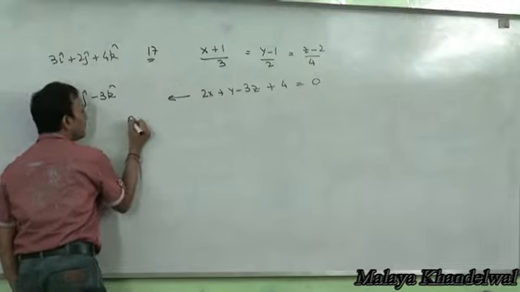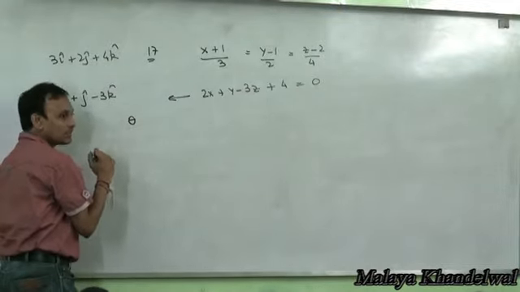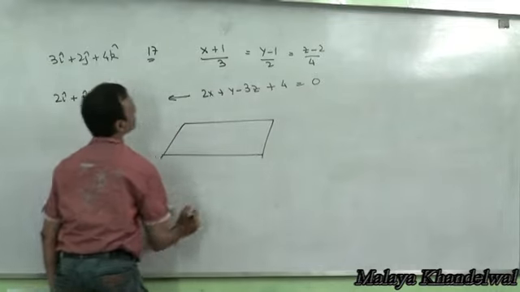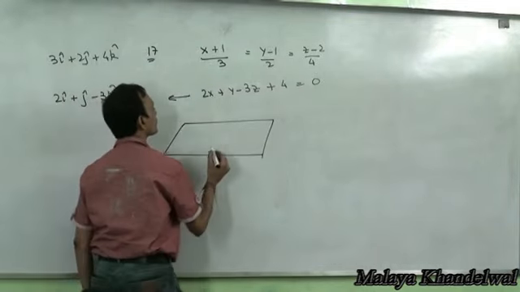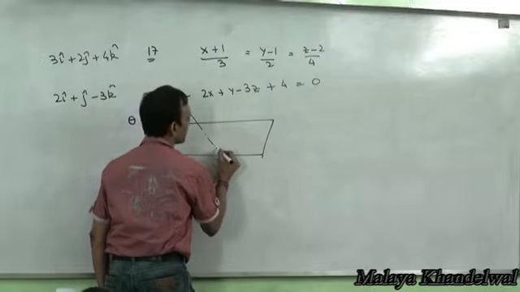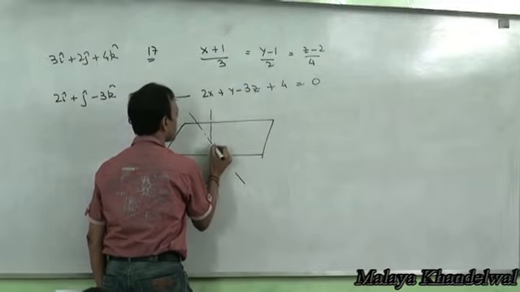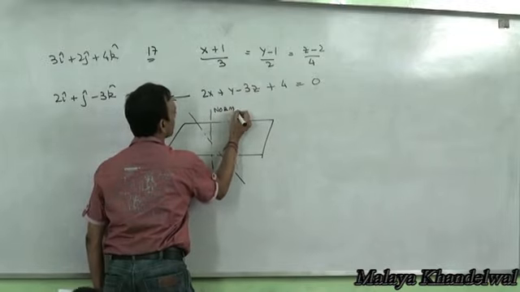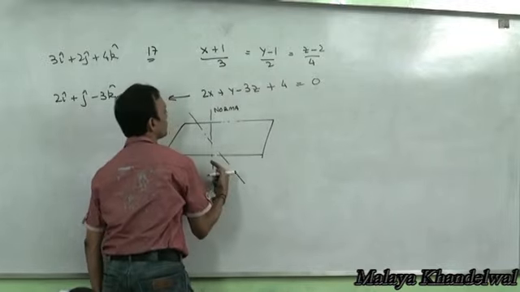Now say theta is the angle between the line and the plane. This is the plane, this is the line and this is the normal to the plane. This is the line cutting through the plane.